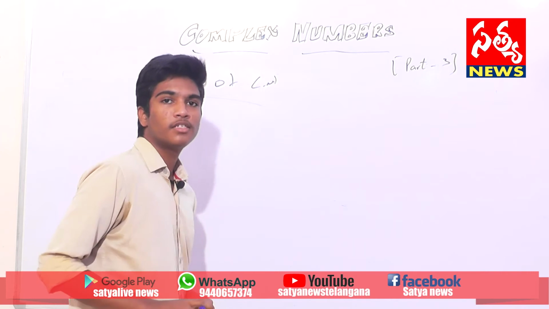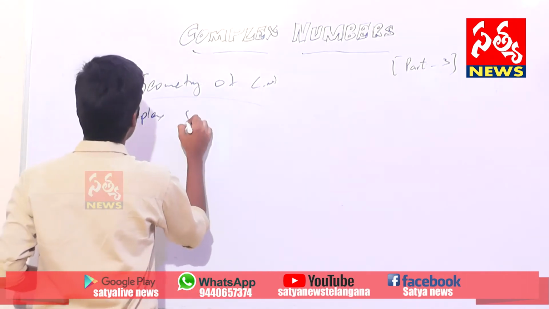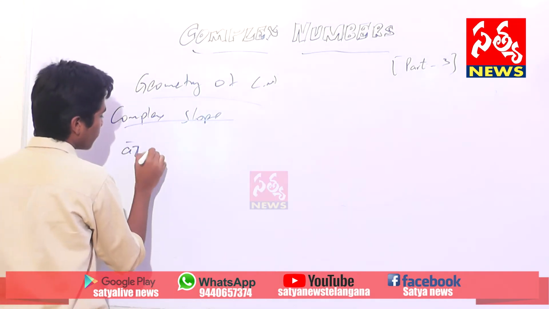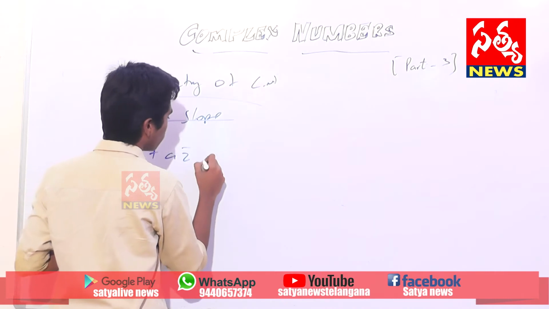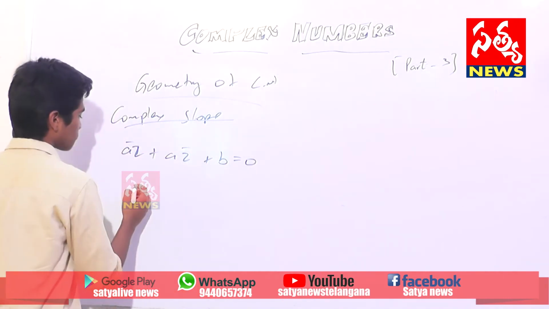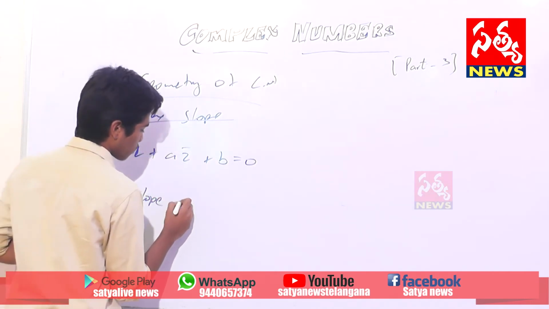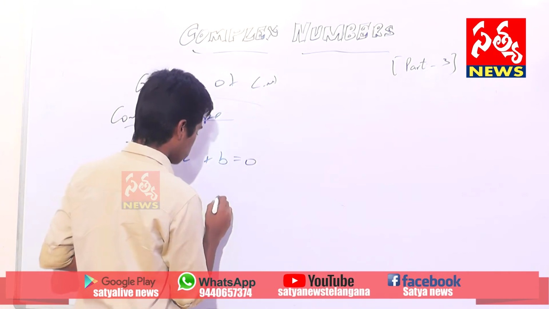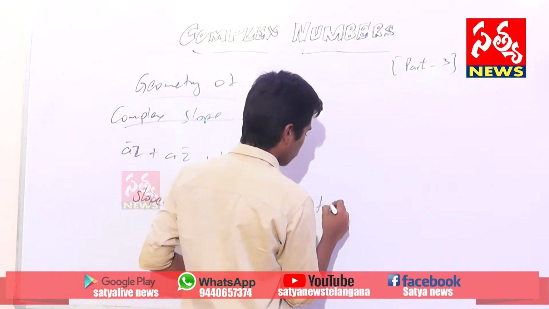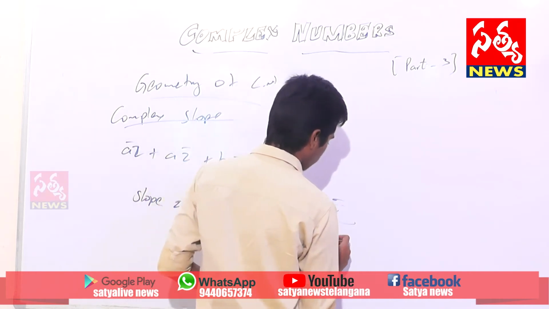Now let's discuss complex slope. If a bar z plus a z bar plus b is a line in the complex plane, the slope of the line is minus the coefficient of z bar by the coefficient of z.